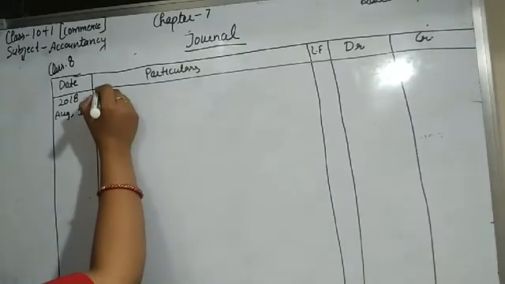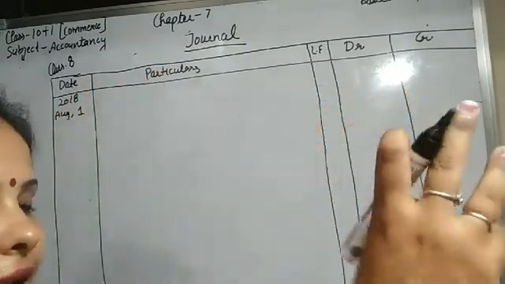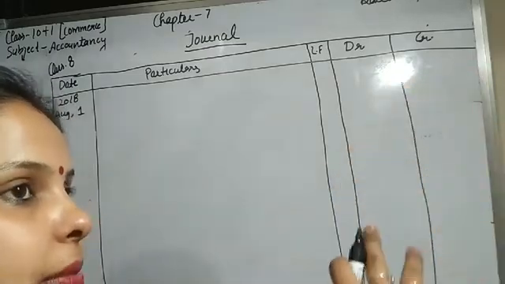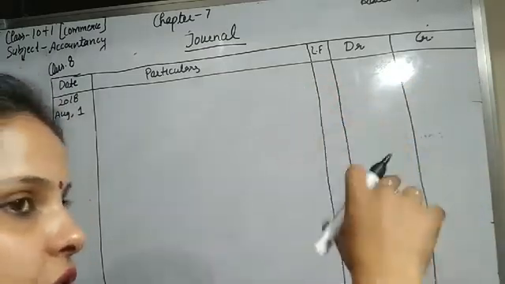And the journal entry will be, students, when the business is started, we write cash account debit to capital account. In this, cash is also introduced, but with cash, goods and machine also introduced.